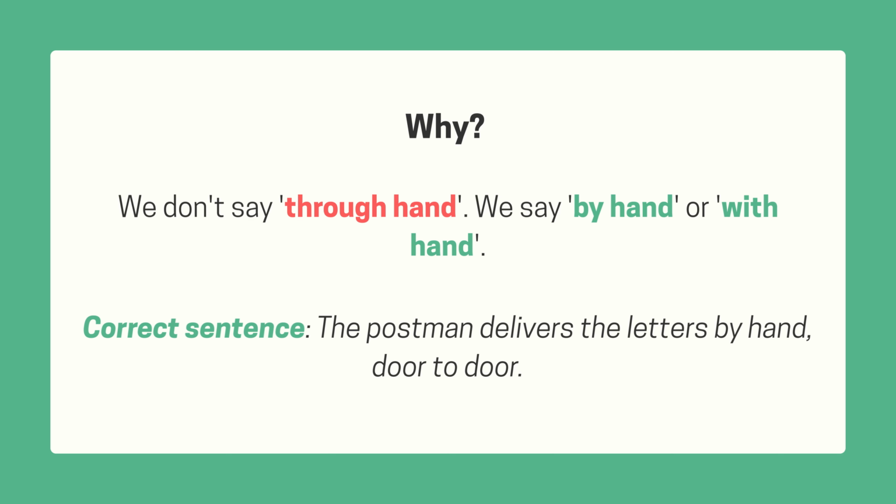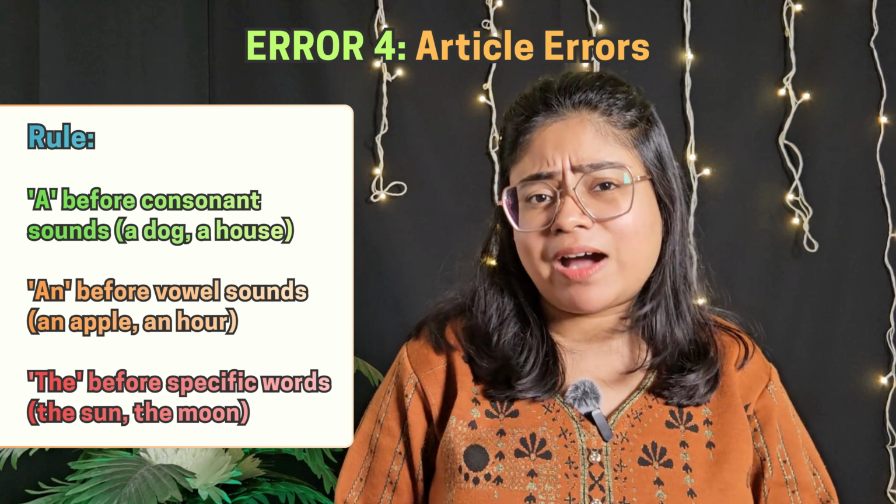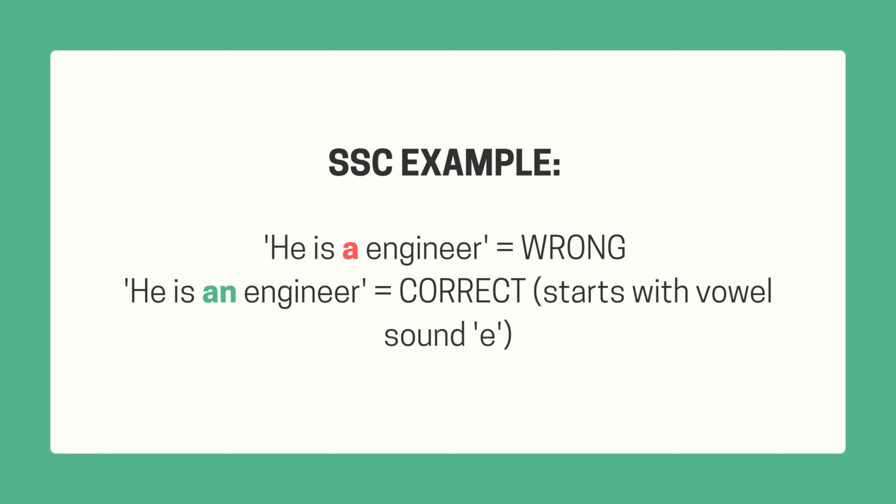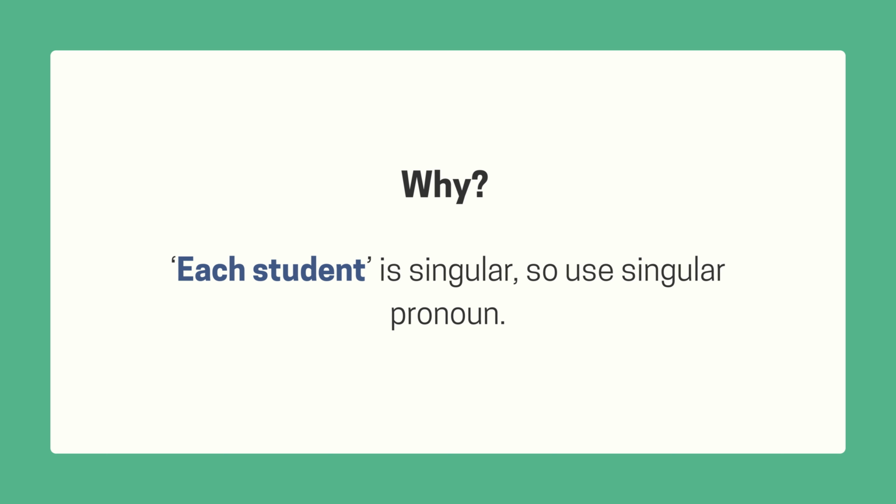Error type 4. Article errors. Rule. Use a before consonant sounds, an before vowel sounds, the before specific words. Error type 5. Pronoun errors. Rule. Pronoun must agree with the noun it refers to. Why? Each student is singular, so use singular pronoun.